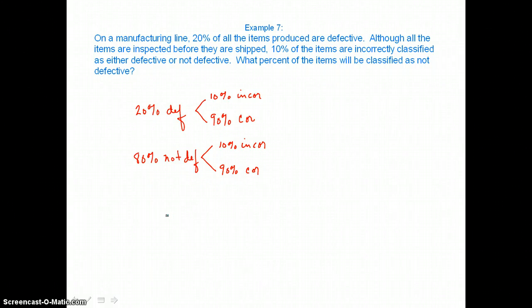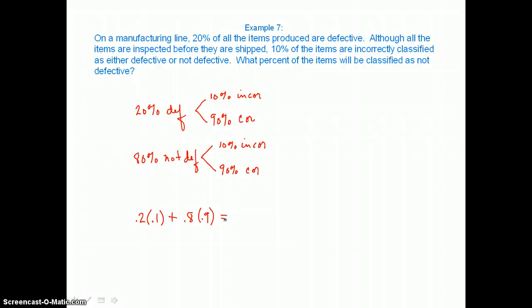So if we want the percent of items classified as not defective, we'll start with our 20% that are defective, and 10% of them are incorrectly labeled, so we'll multiply by 0.1, or, so we're going to add when we say or, 80% are not defective, and 90% of them are correctly labeled, so we'll multiply by 0.9.